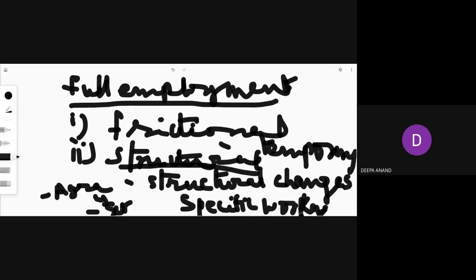You need some additional knowledge. So a specific type of worker is required. In that case, structural change happens, which means structural unemployment happens. So these are the two types of unemployment under full employment. Full employment does not mean that there is always zero unemployment. In that, frictional unemployment may happen and structural unemployment may happen. You understood why frictional or temporary unemployment happens and how structural unemployment happens.